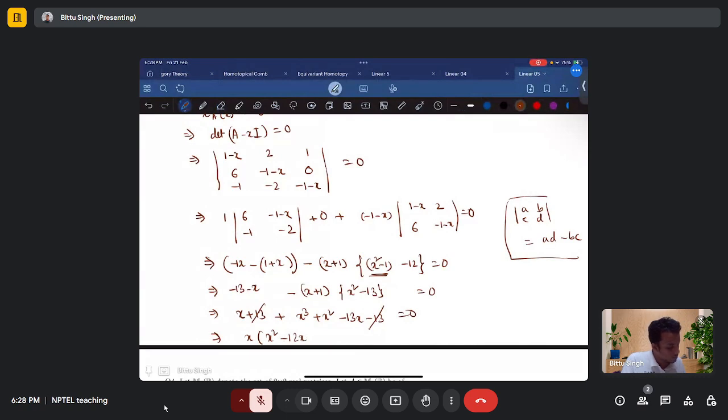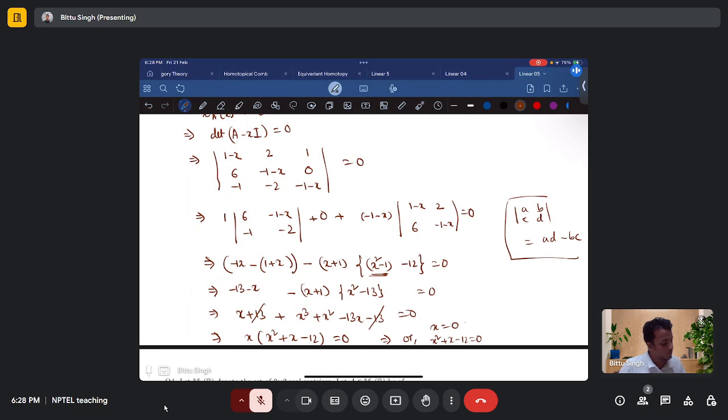right? Minus 12 x square, if we take x common, then it is x square plus x minus 12, which is the same as 0. But again we can factorize this. So this equation gives x equal to 0, or another possibility is x square plus x minus 12 equal to 0.